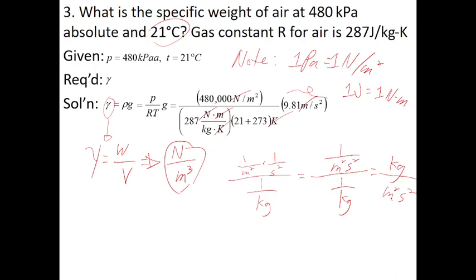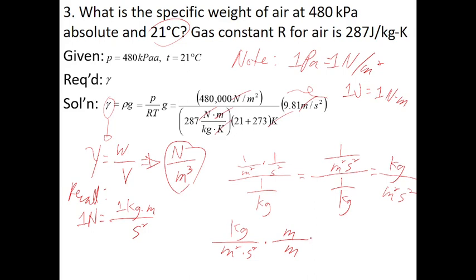Recall ulit natin, no? So, alam natin that 1 Newton is equals to 1 kilogram meter per second squared. Okay? So, therefore, kung magmumultiply ako ng meter over meter, di ba ang meter over meter is 1?